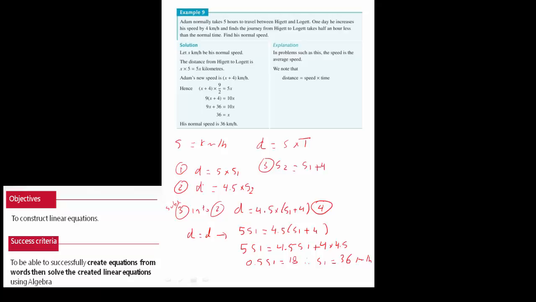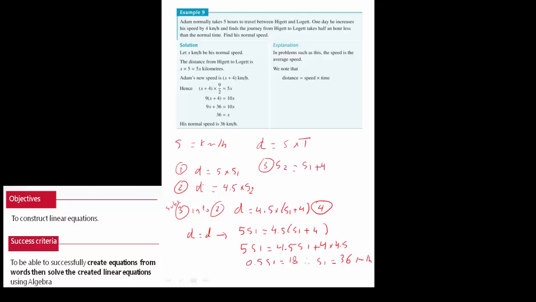So S2 is S1 plus 4. And then we substitute to get just one variable, which is S1. So we change S2 into its equivalent value with S1. D equal D, so we put them as equality, and we solve for S1, and we get it. And if we wanted S2, then we just need to add 4 to it, so it will be 40 kilometers. So the first day he went 36 kilometers per hour, second day 40 kilometers per hour.